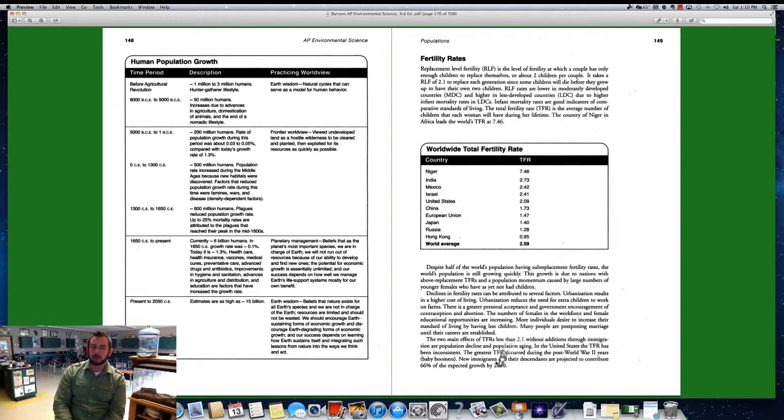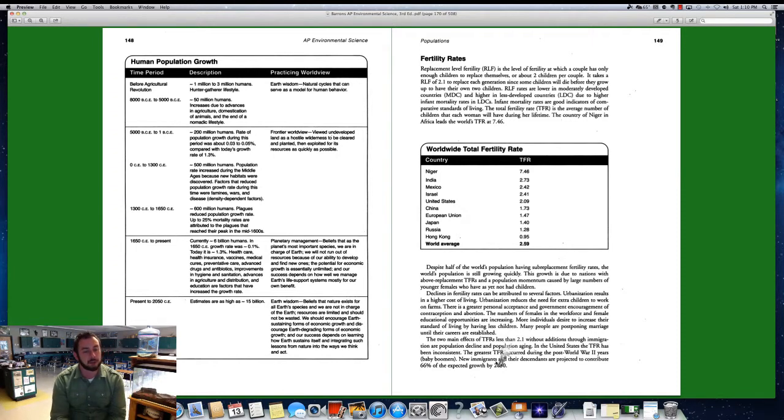Now, we do predict that this viewpoint will change, hopefully by now. That's the reason why I'm trying to teach this class. By 2050 and so forth, estimates are that we can grow to as high as 15 billion people on the planet. And if we're at 7 billion now, that would be doubling our population, which is insane. We would take the Earth wisdom view, which believes that nature exists for all Earth species, that we are not in charge of the Earth, and resources are limited and should not be wasted.